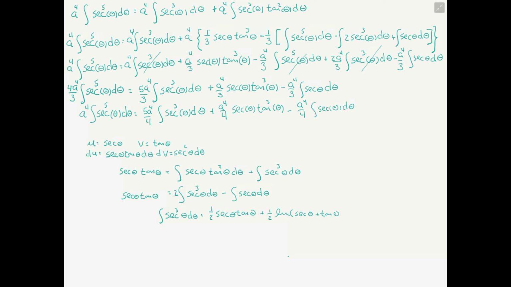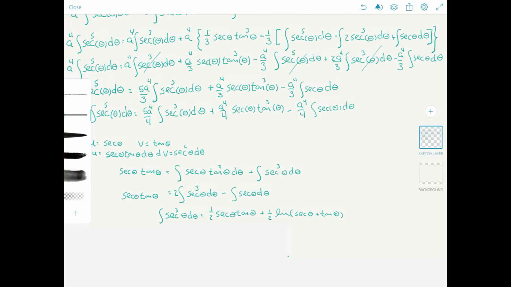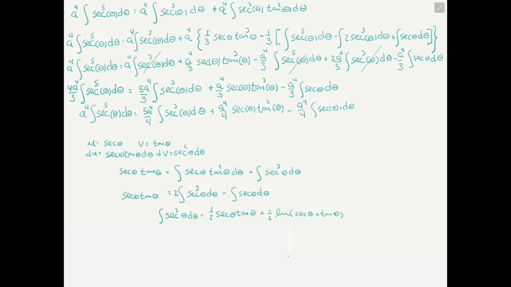And of course, because it's an indefinite integral, it's got a constant, but we're not going to add that until we have our final solution for secant to the fifth. So now we have the secant to the third term solved.